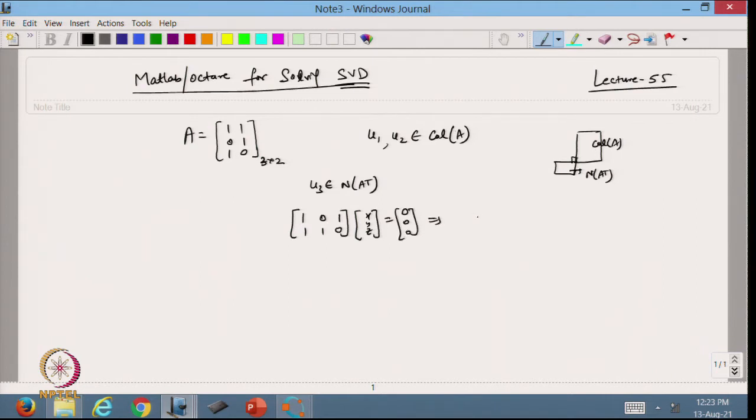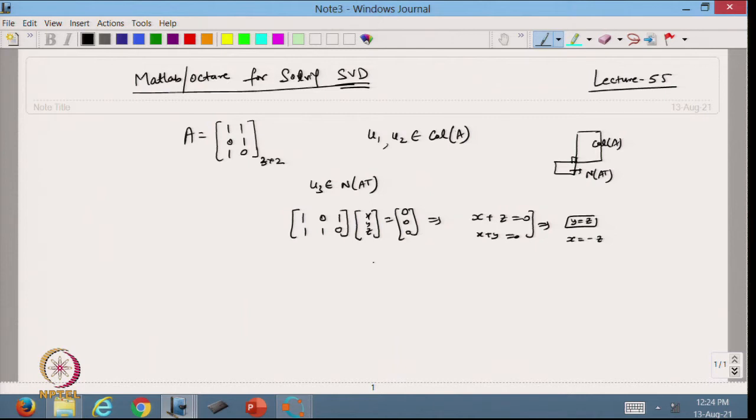From here you will see that x plus z equals 0 and x plus y equals 0. Taking one minus the other gives z minus y equals 0, so y equals z, and then x is minus z, or x is minus y.